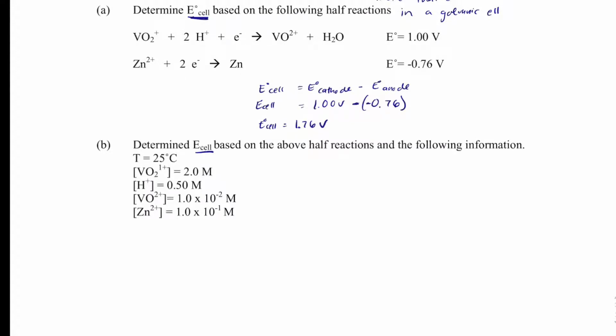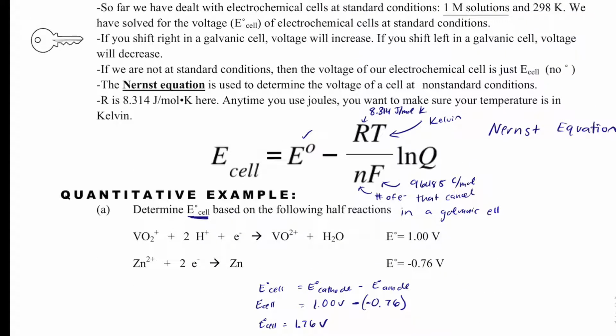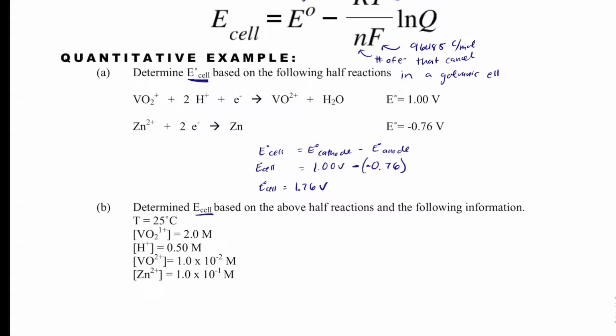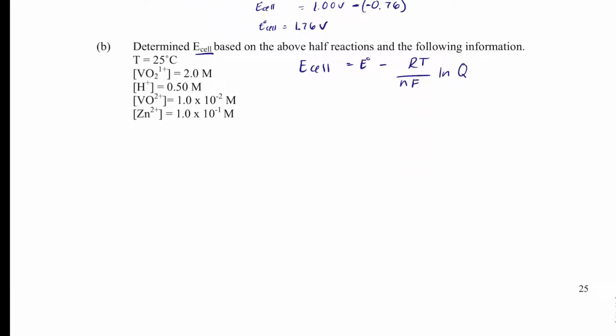And the first thing I want to do is I want to know that I'm using this formula. I'm going to solve for E cell. E cell is equal to the regular voltage minus RT over NF ln Q. One thing that's kind of nice to know is if we're still at 25 degrees Celsius, R will be 8.314, and I'm going to ignore units right now just to show you.